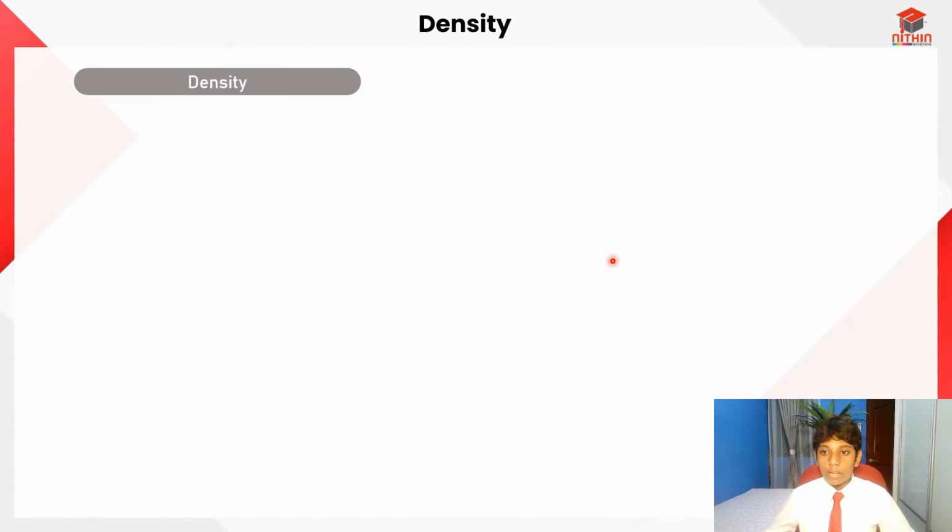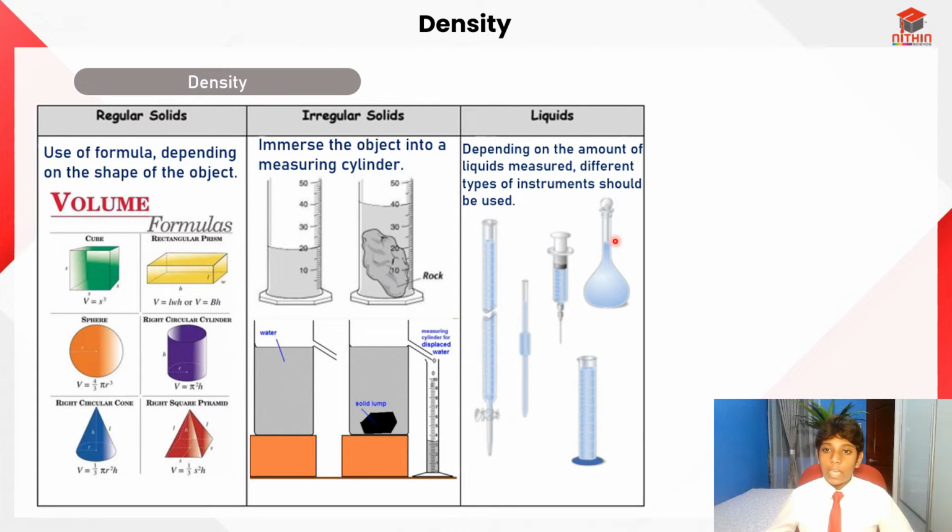Okay, next, still under the chapter of density, we're going to look at how we measure regular solids' volume, irregular solids' volume, and how we measure liquids' volume. So how to find volume, basically. For regular solids, we use a formula depending on the shape of the object.